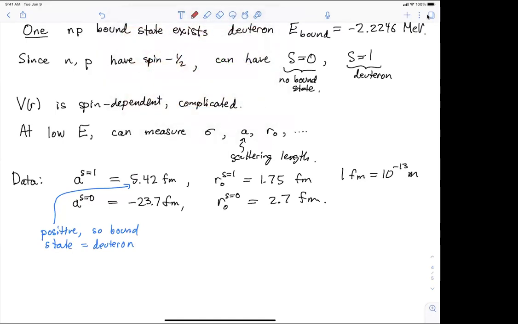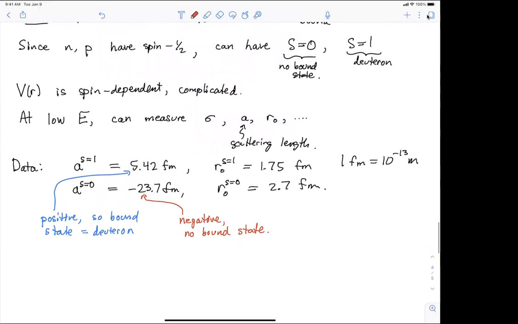On the other hand, the scattering length for s equals 0 is negative, and that's telling you that there is no bound state. So in that sense, the scattering data is telling you what you can already measure in a different way, namely that the deuteron exists and that it has spin 1.